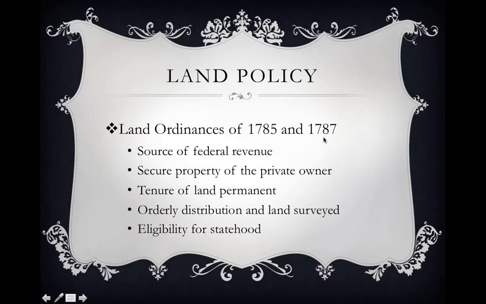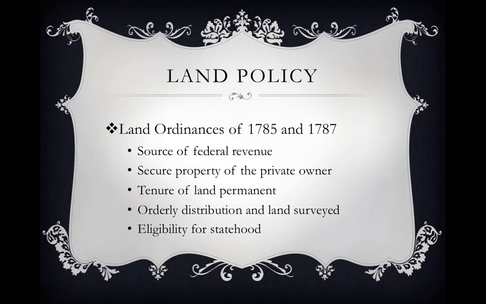The other thing that the land ordinances did was it allowed for an orderly distribution. And it set up a system for the transfer of that federal land into private hands. And it also set up a system to make sure that the land was surveyed, to make sure that the land was broken up appropriately and that there was not going to be, for example, two people laying claim to the same exact land.